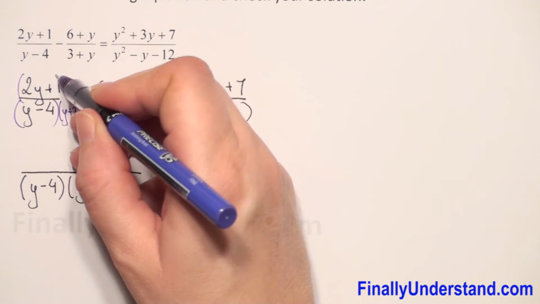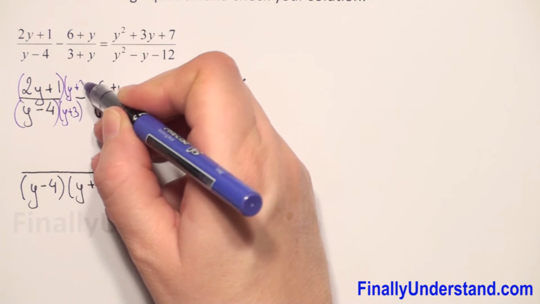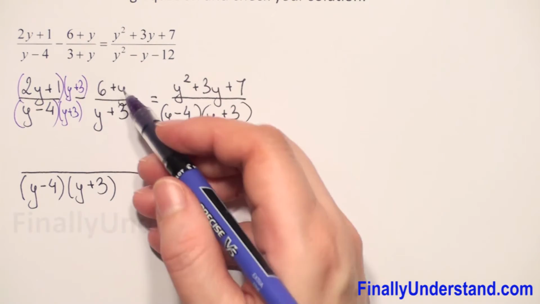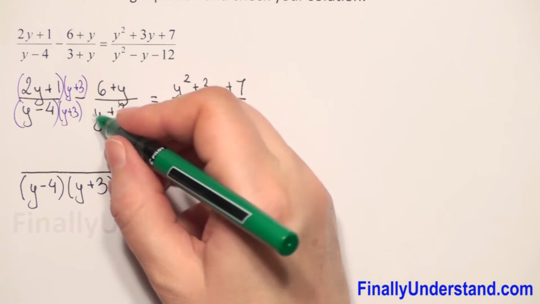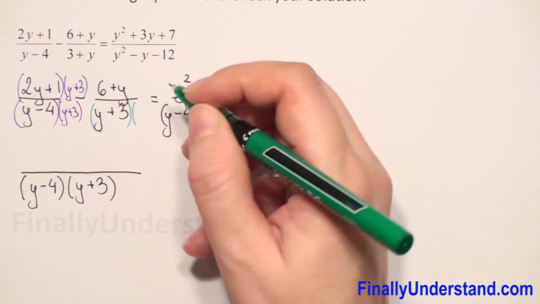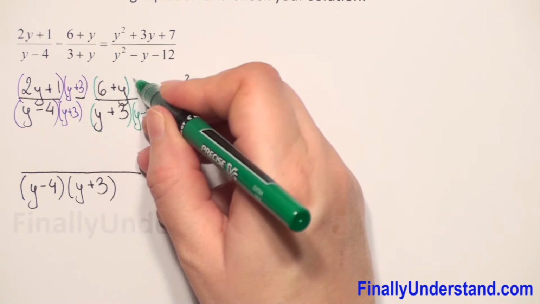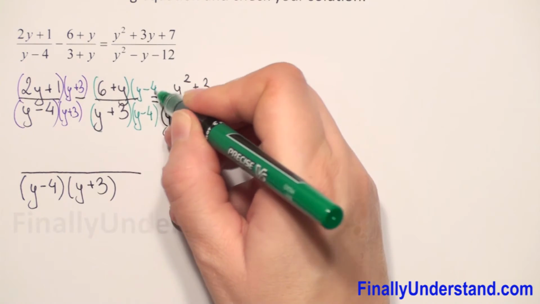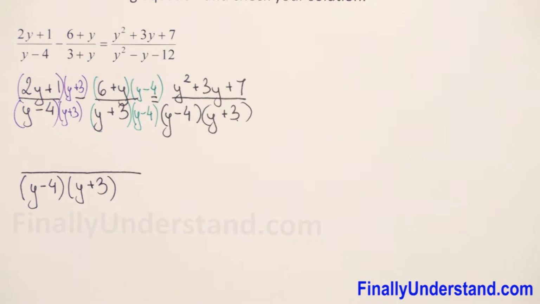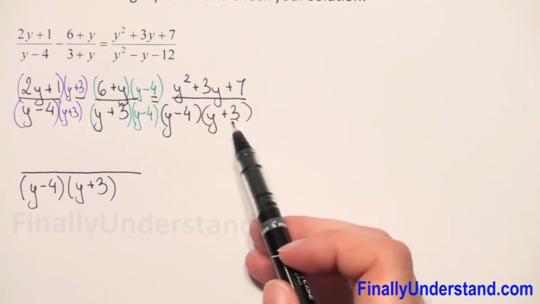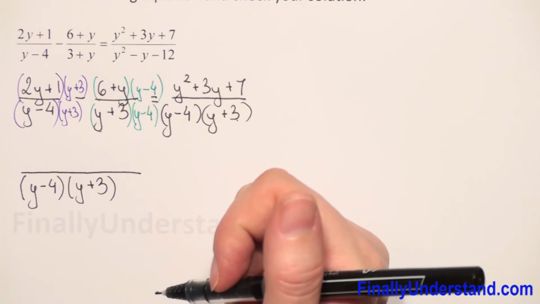Whatever I did with the denominator, I have to do the same with the numerator. In the second denominator we have only y plus 3, so I have to multiply by y minus 4. Whatever I did with the denominator, I have to do the same with the numerator. And on the right side we have the same denominator, so we don't have to do anything.